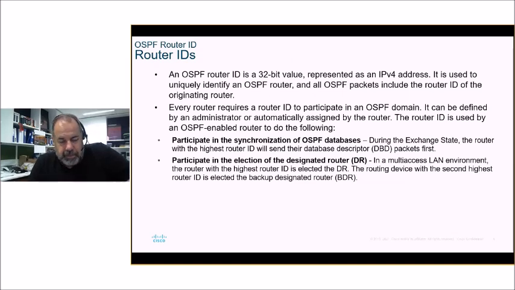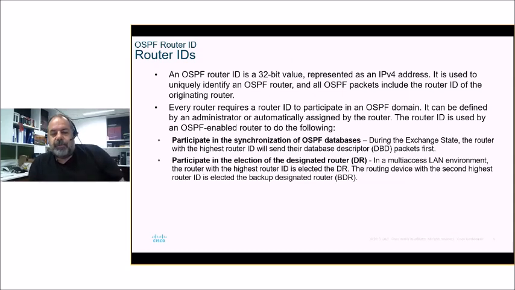If an OSPF process can't find a router ID, it will not start the process, and so it will fail. That's one of the reasons why having a reliable source of a router ID is preferred, and that's why the router-id command is the preferred solution.